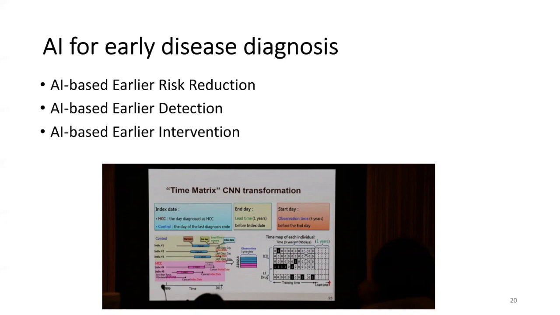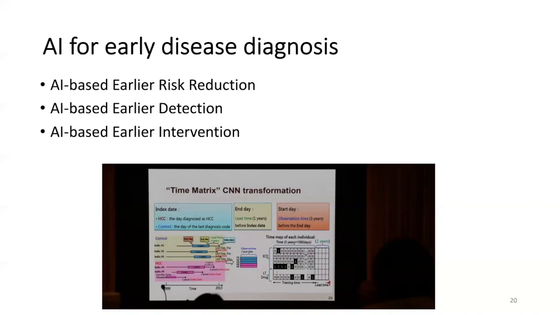So basically, they try to recognize the pattern of each category of patient, so they can use AI to make a diagnosis a little bit earlier based on their OPD visits. The idea is that they keep tracking the patient's behavior of seeing the doctor.